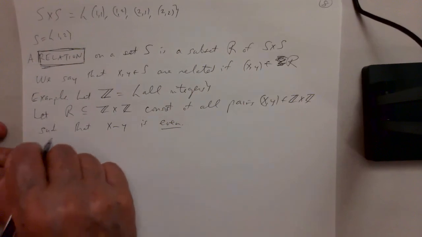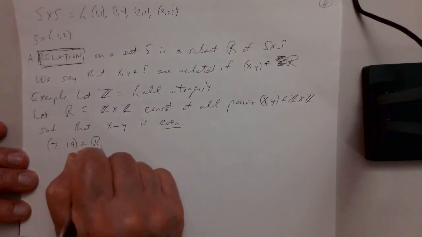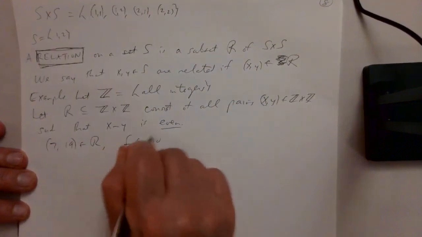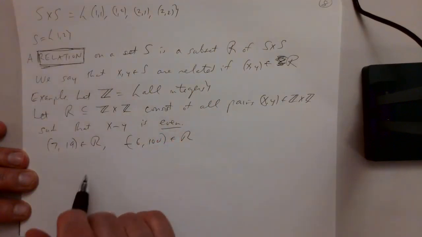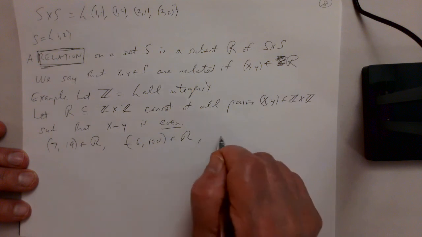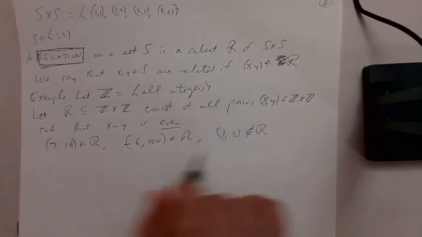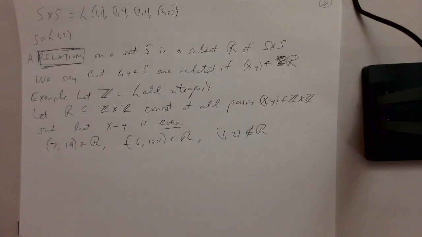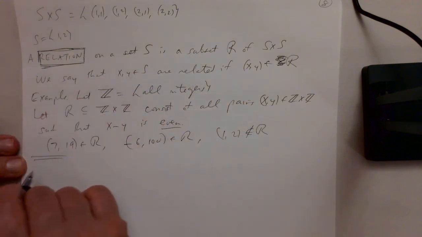So for example, (7,19) is in R, (-6,100) is in R. Again, the difference is even in all these cases, but (1,2) is not in R, because 1 minus 2 is an odd number, it's not an even number. So this is a relation.